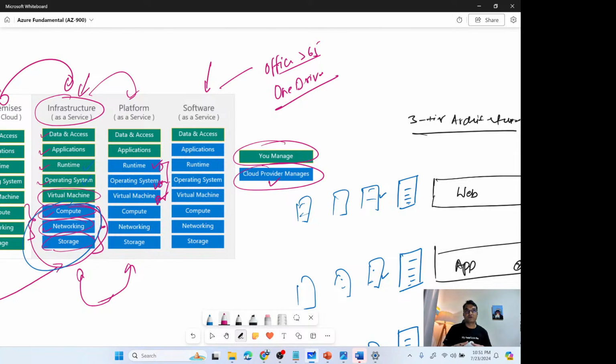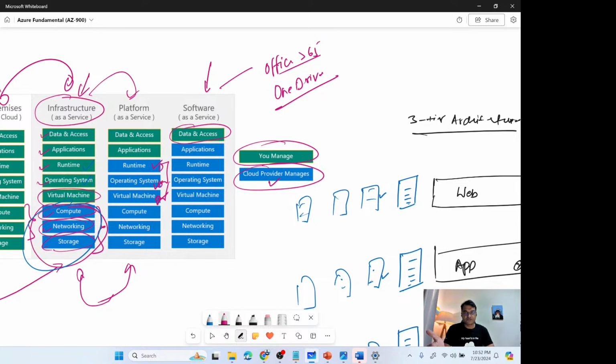If I had a laptop, I would install Microsoft Office, Word, Excel, PowerPoint, etc. Today we don't have to. It's all online. I can just open it in a browser and work on Microsoft Word, Excel. For my convenience, if I still want to install a thick client on my laptop, I can do that. That's fine. But that is an example of software as a service, where you are only responsible to manage data and access.